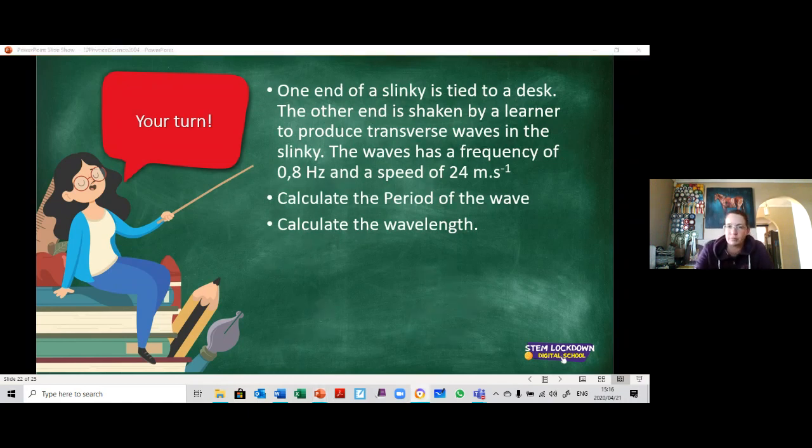So you've got a slinky, and there's a transverse wave in the slinky. It has a frequency of 0.8 hertz and a speed of 24 meters per second. I want you to calculate the period, and I want you to calculate the wavelength. I'm just going to give you guys a moment to jot that down.